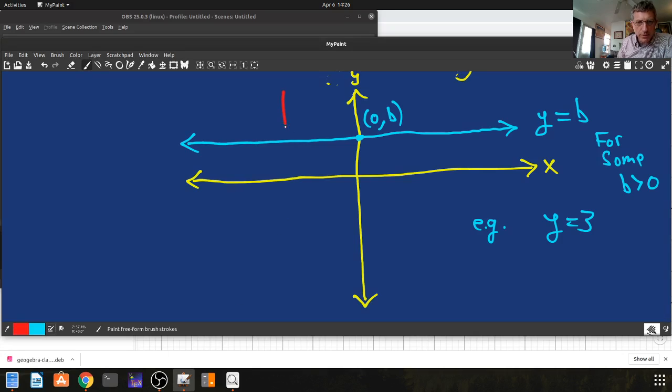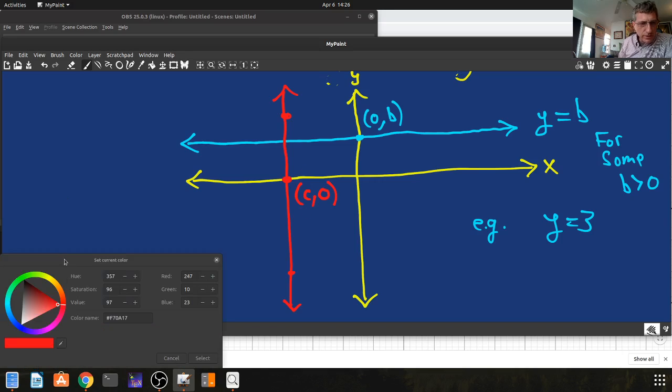This is a vertical line, straight up and down. And it's going to go through a point right here. And this point is going to be some number c, and my y is going to be 0. And every point down here, the x value is going to be c.